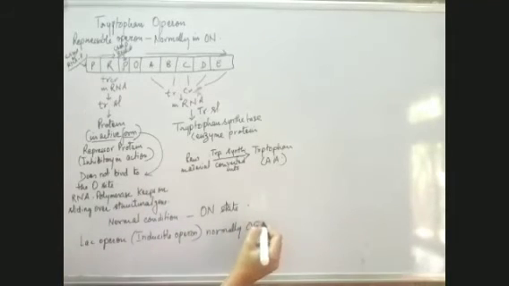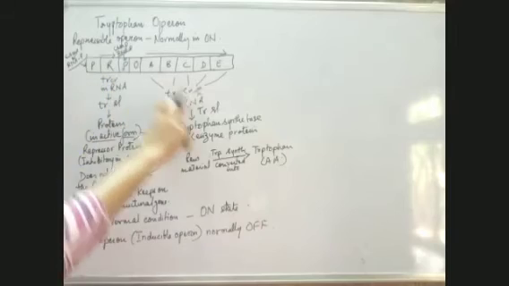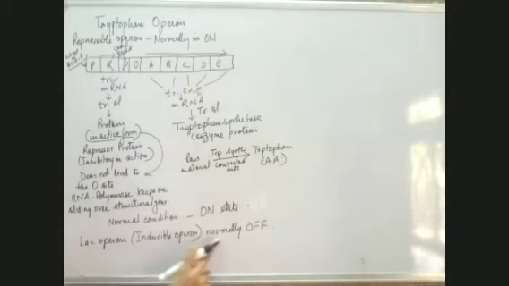This is normally in the on state. The lac operon was normally off, and only when lactose was present outside the cell and entered did it attach to the repressor protein and not let it attach to the O, and no synthesis took place. So normally the lac operon was in the off state, but normally this repressible operon is in the on state.